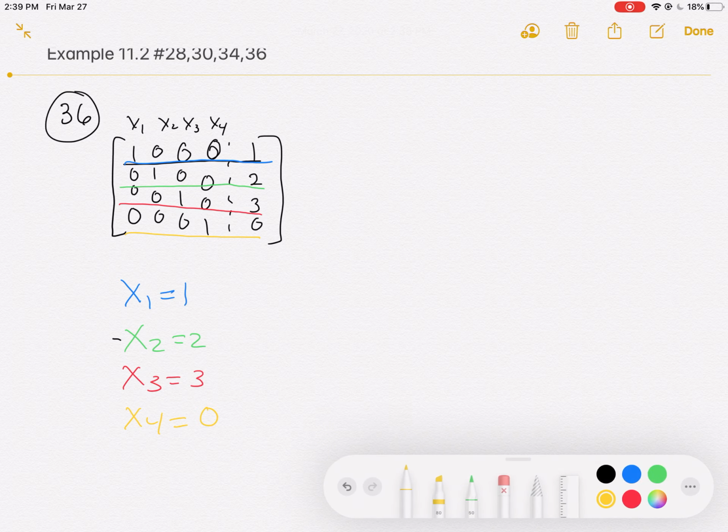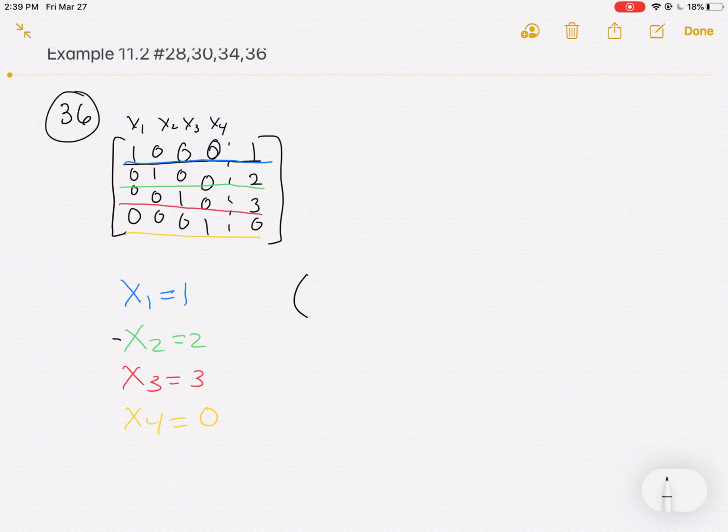And so we get a very nice answer out of this. We get the ordered pair 1, 2, 3, 0 as the point of intersection. So sometimes it's listed like that, and sometimes it's just listed out the way I have it on the left-hand side. Either way is okay.